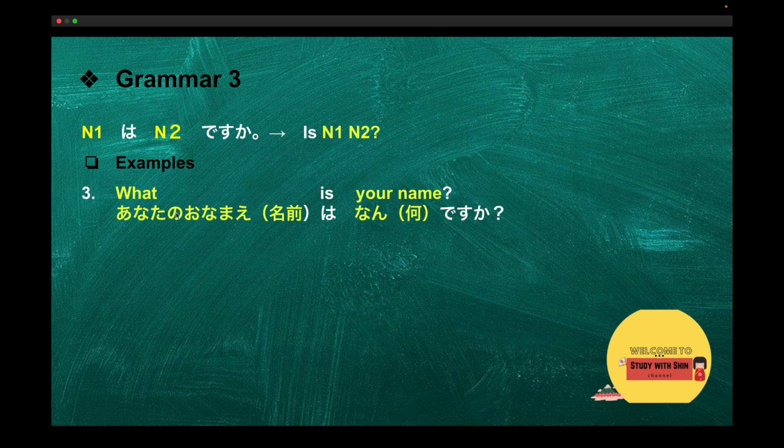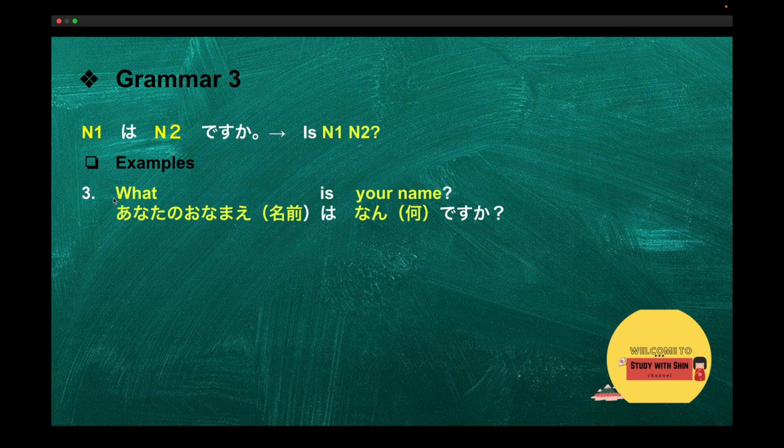So if you want to be more polite, you can just remove あなたの and just ask お名前は何ですか? お名前は何ですか? That has the same meaning as あなたのお名前は何ですか? Here, if we take a look at it, we will see the grammatical structure is opposite of English.